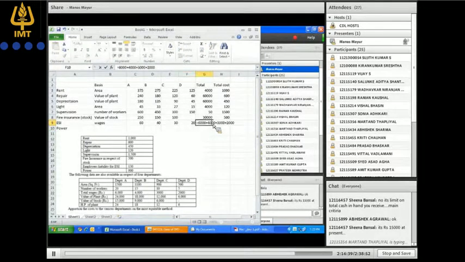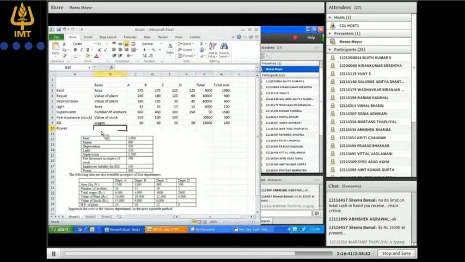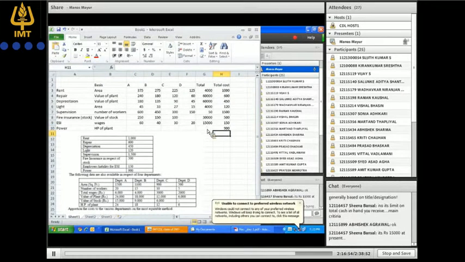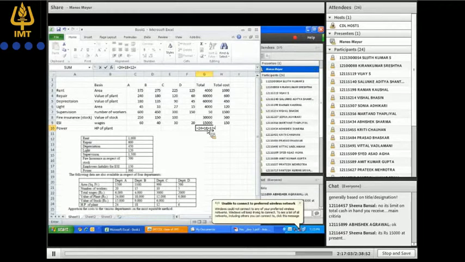So the next is power. Power is a big unit, so it should be on the basis of HP of plant, right? So total cost for power is 900, and the total HP is 24 plus 18 plus 12 plus 6.